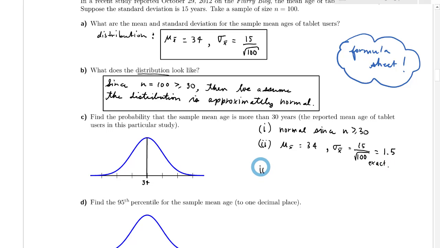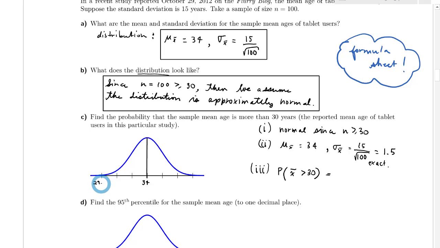And then the third part is to find the probability. So the probability that if we select a sample of 100, that sample mean would be more than 30. Okay, so let's go ahead and label these. Now I did these ahead of time to save time.